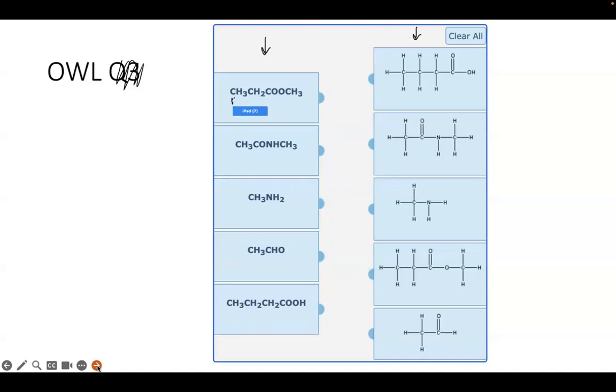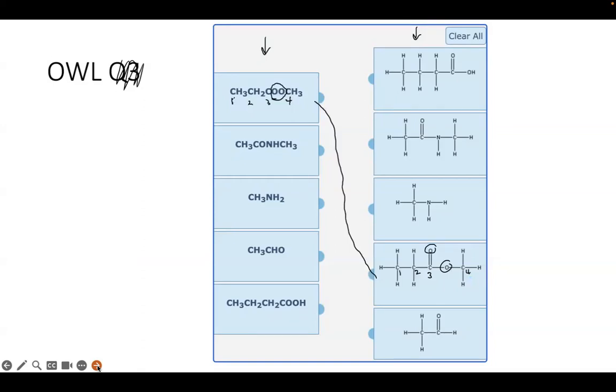So here we have 4 carbons with 2 oxygens in between that 3rd and 4th carbon. I see that as this molecule here. So here's my 1, 2, 3 with 2 oxygens connected between that 3rd and 4th carbon.